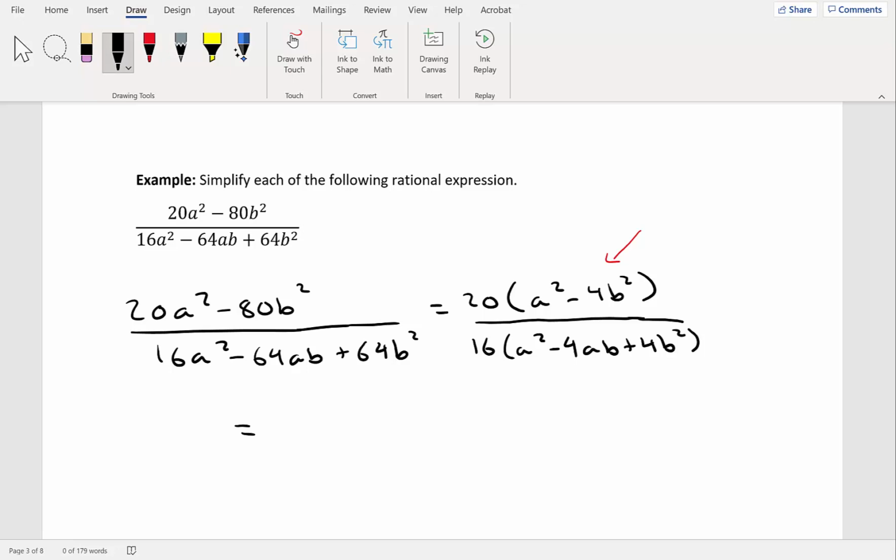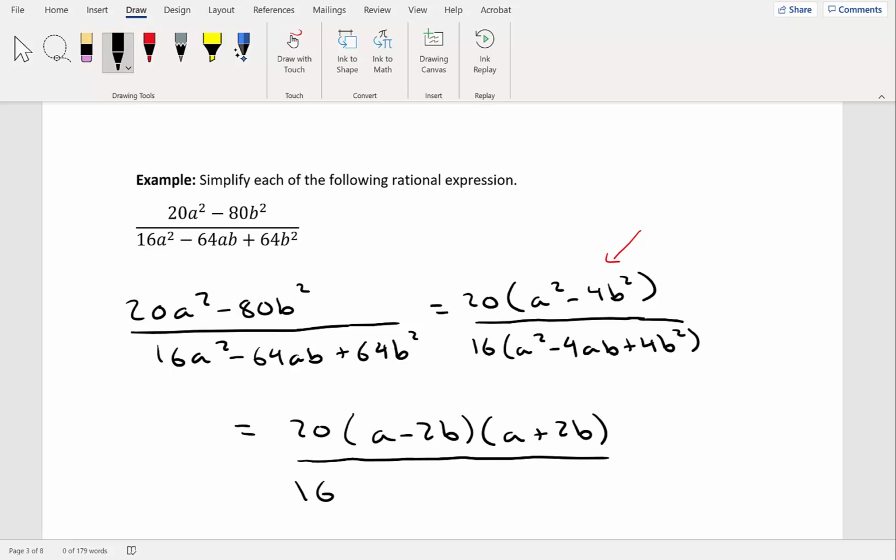I can factor that out. So this now becomes 20 times a minus 2b times a plus 2b. And now in the denominator, I have 16 times, and this trinomial factors into a minus 2b times a minus 2b.